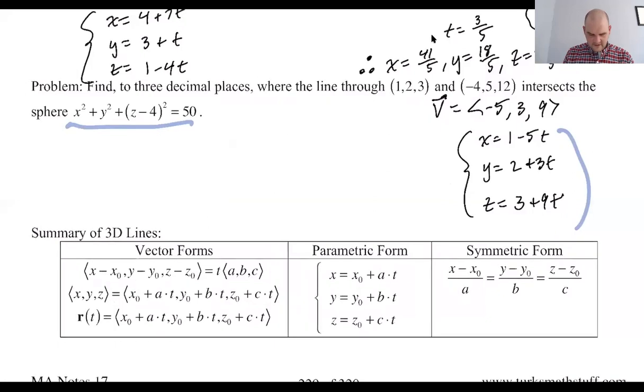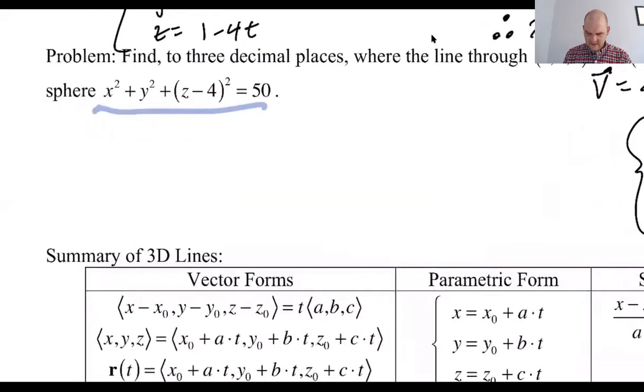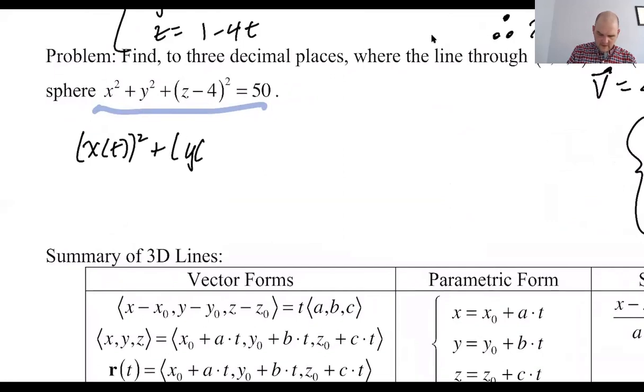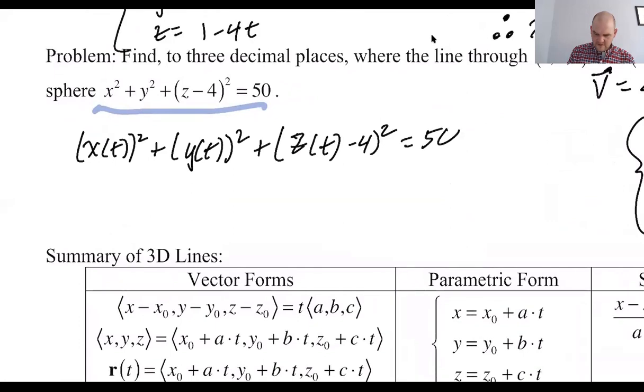All right, so I feel like I should write a system. So I'm going to say x of t squared, in parentheses, plus y of t squared plus quantity z of t minus 4 squared equals 50.